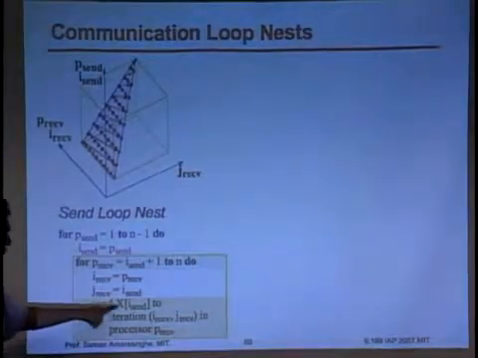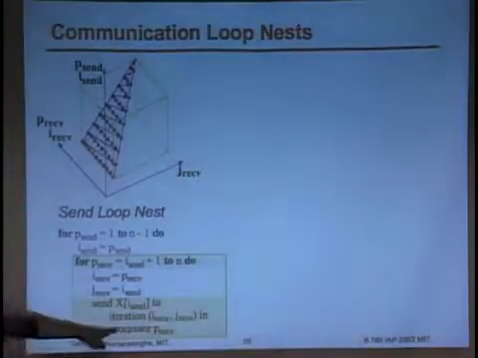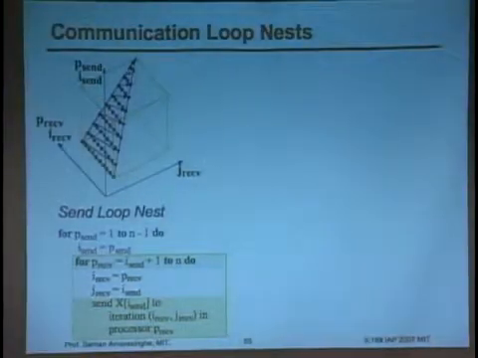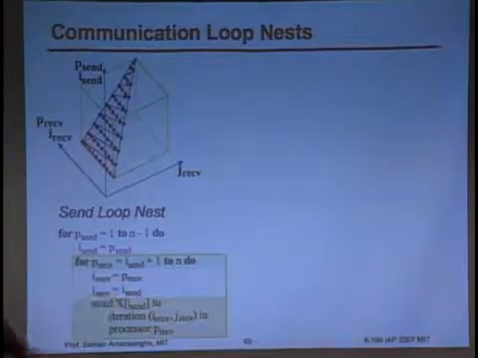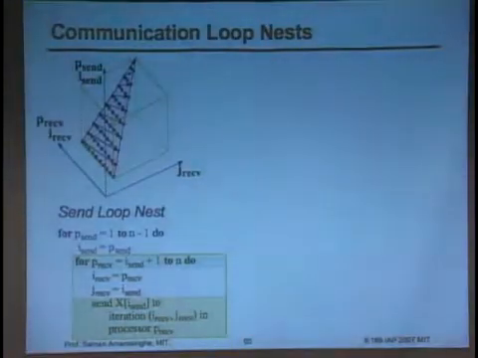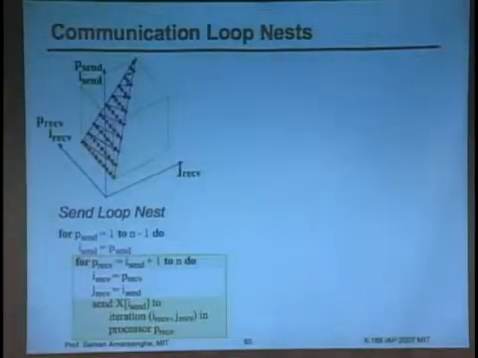Because you have that relationship, you can get the loopness that will do the send. The same way you can get the loopness to do the receive.